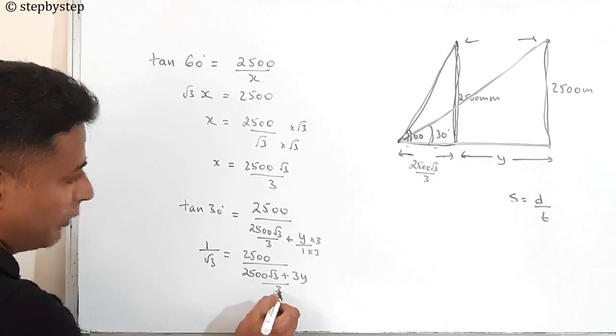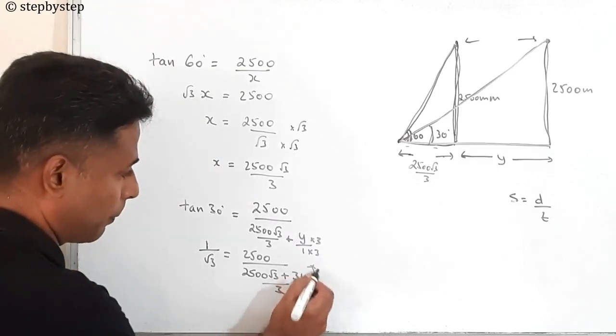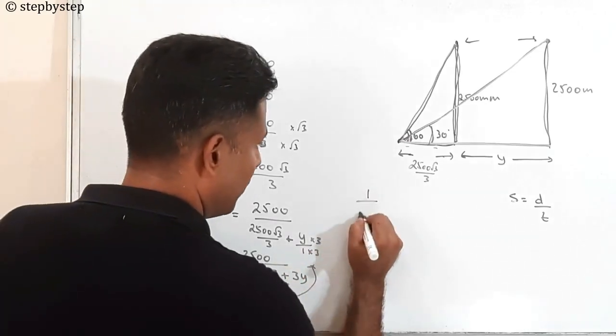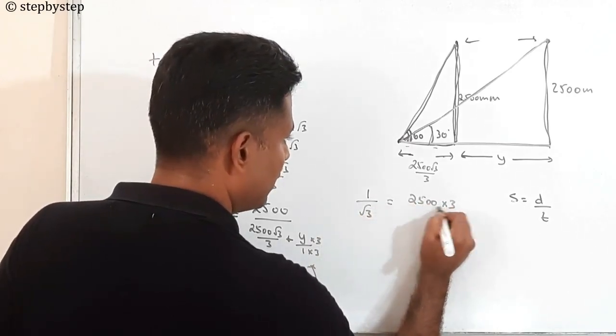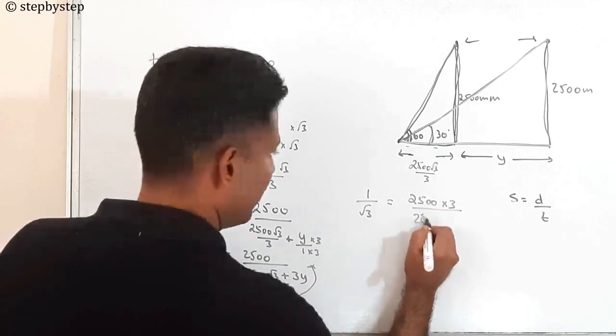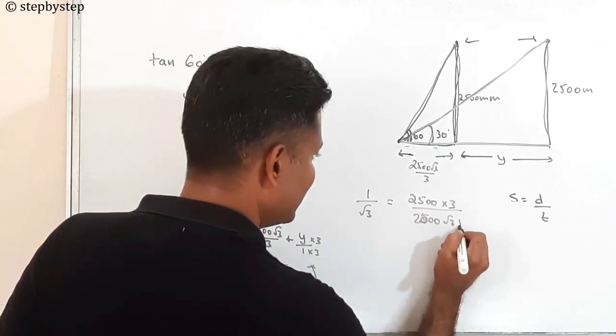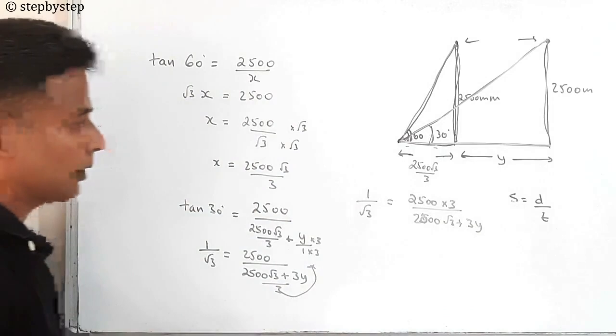But the denominator always goes up and down. So this 3 will go up and it will become 1 by root 3 equal to 2500 into 3 by 2500 root 3 plus 3y. Alright.